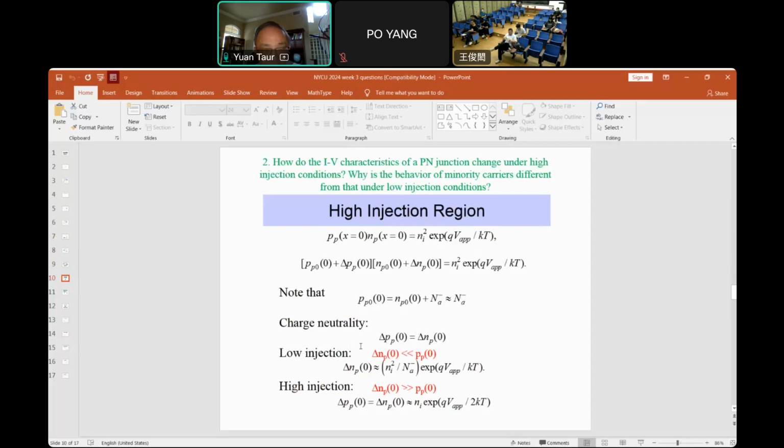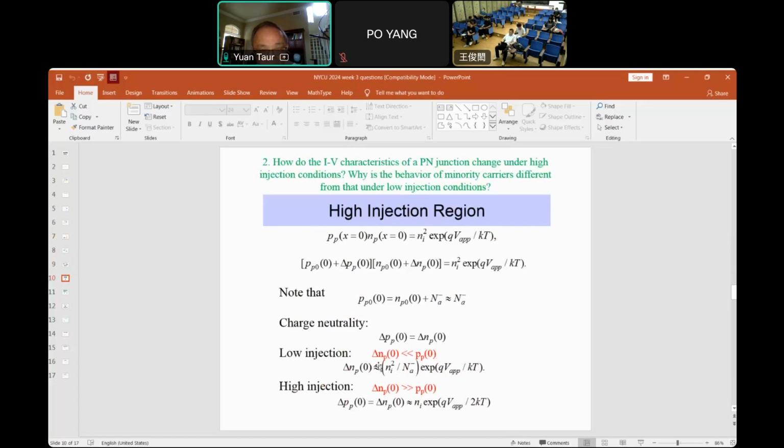And for low injection, first of all, in this bracket, MP0 is always negligible. That's just Ni squared over Na, so that's negligible. So if delta PP or delta MP is much smaller than PP, which is the majority carrier density, or Na, then the delta MP equals Ni squared over Na, which is PP, times e to the QV over KT.